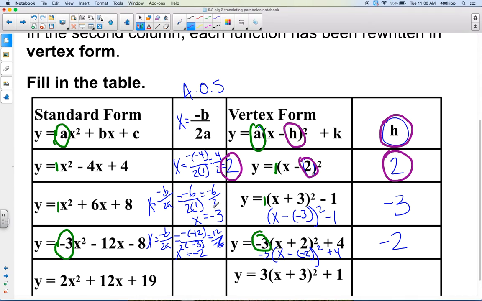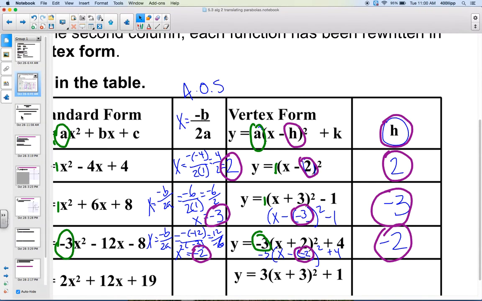For this one, we got x is equal to -3, and our value of h is -3. It's the same thing. They're equivalent. For this one, we got x equals -2, and your h was -2. So that's going to lead us to how we find the vertex form for all of these.